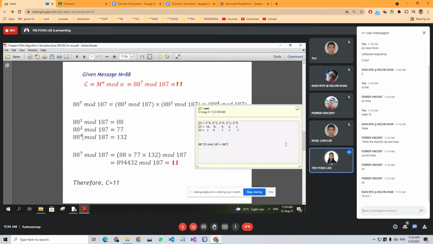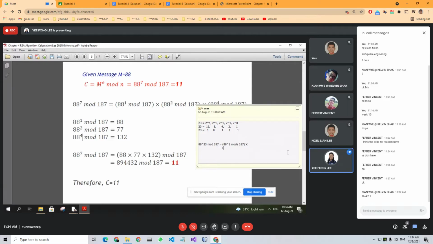Okay, we start from the smallest: 88 power 1 mod 187. And then we put brackets and multiply. The second is 2, right?